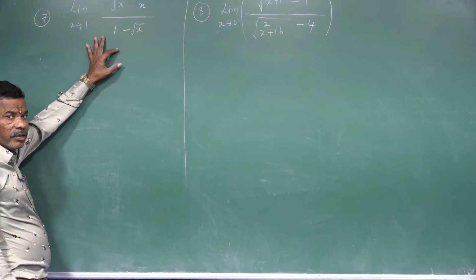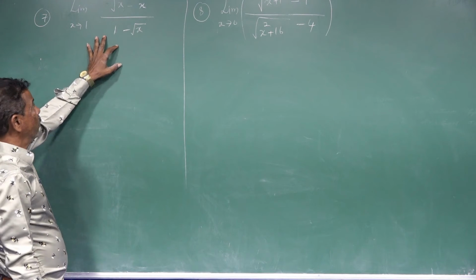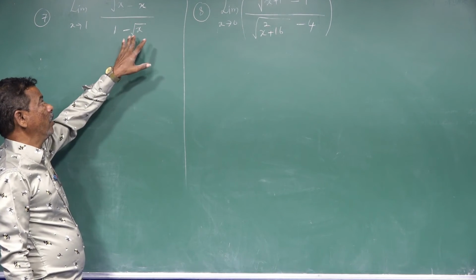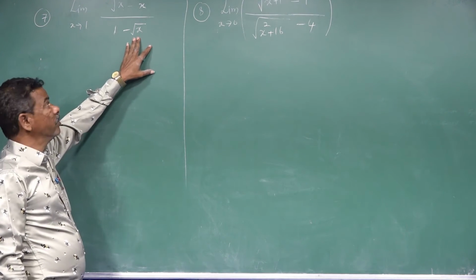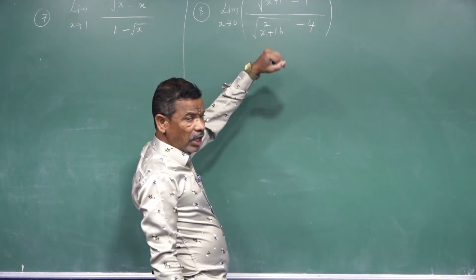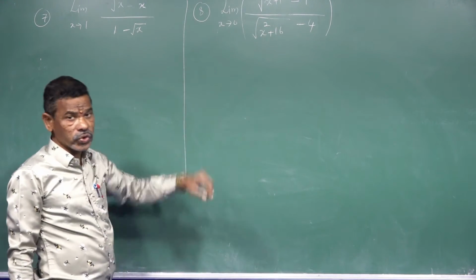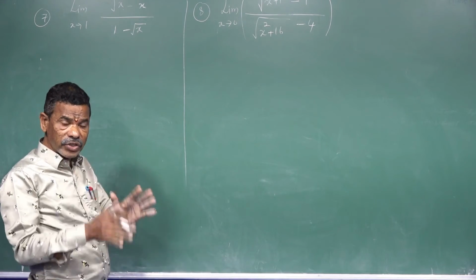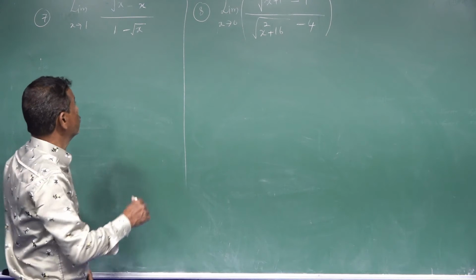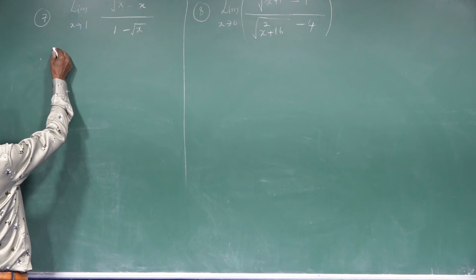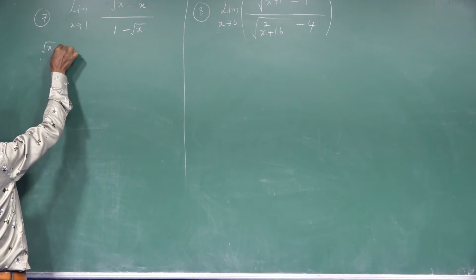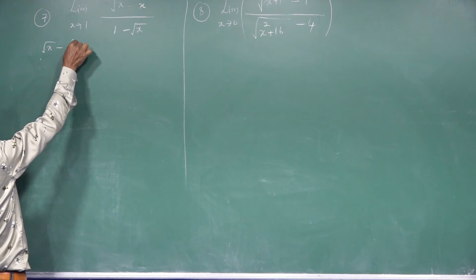Here is a somewhat different problem. In the numerator there is a root, and the denominator also has a root. In the 8th problem also, the numerator and denominator are both in roots. So we take the rationalization of both numerator and denominator. Here, root x minus x square.